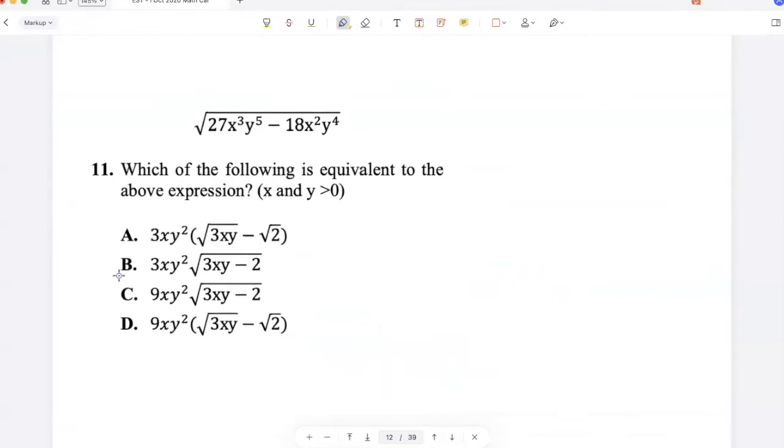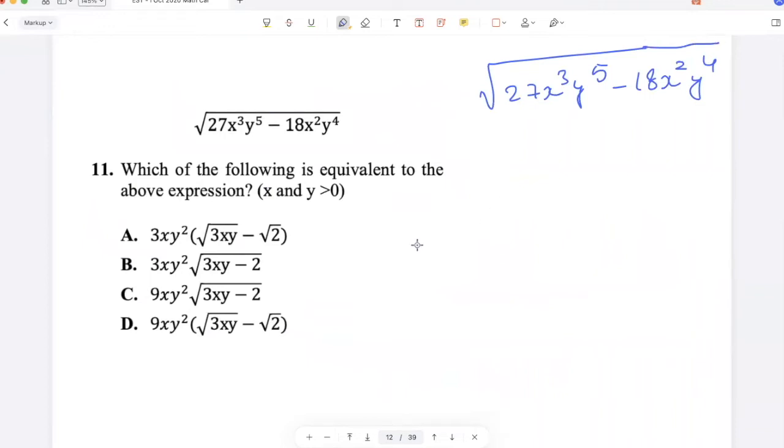Okay, which of the following is equivalent to the above expression? Square root of 27x cubed y to the power 5 minus 18x square y to the power 4. Okay, so I can take 9x square y to the power 4 common.